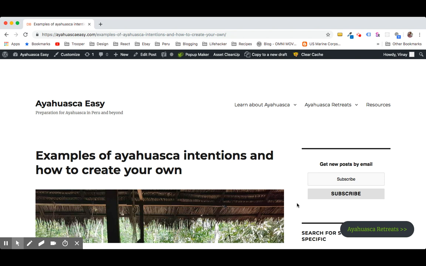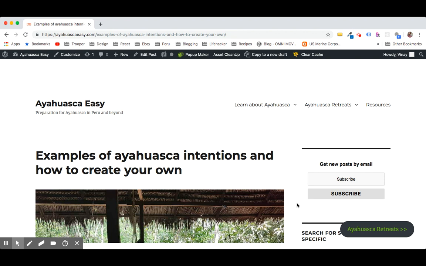In this one, I want to talk about examples of intentions to use in an ayahuasca ceremony. I'm also going to talk about how you might figure out what those intentions could be, if you don't already have specific ones you want to work on.